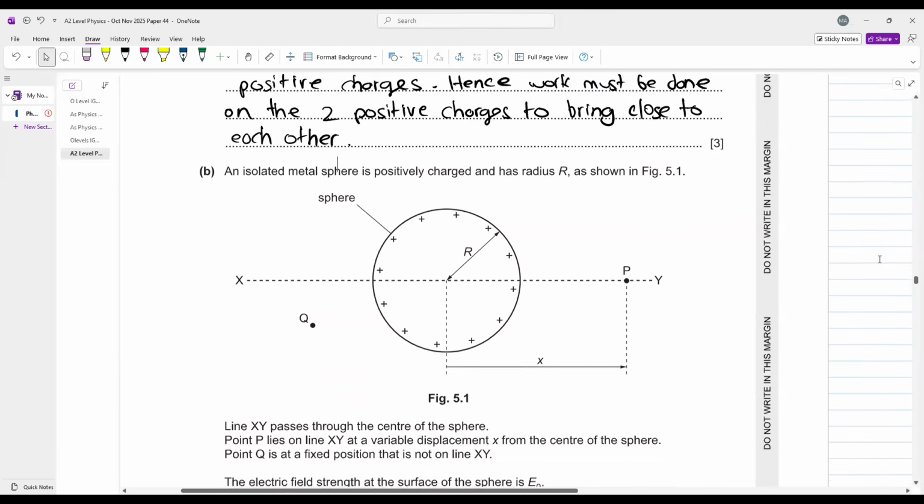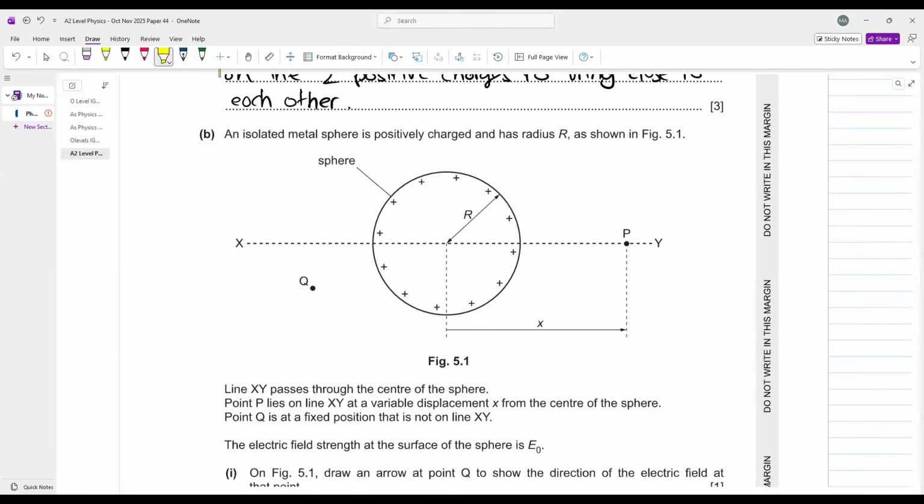Simple, let's move ahead. An isolated metal sphere is positively charged and has a radius of capital R as shown in figure 5.1. Line XY passes through the center of the sphere. Point P lies on XY at a variable distance x from the center of the sphere.